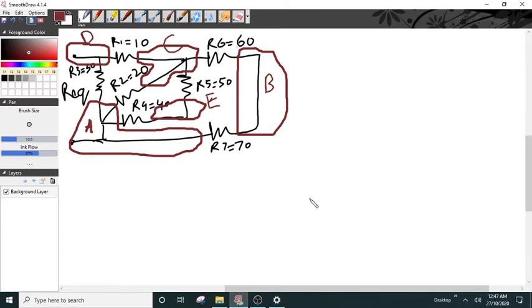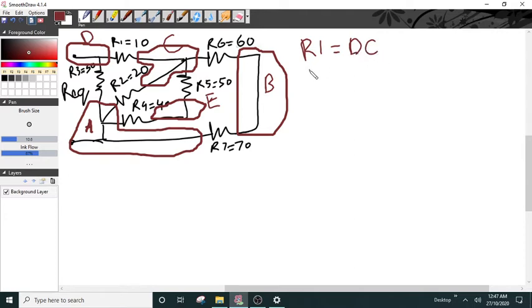Now the second thing that we must do is to write all the resistors here, R1, and in which two nodes these resistors are connected. So this R1 is connected between node D and node C, so just write DC.